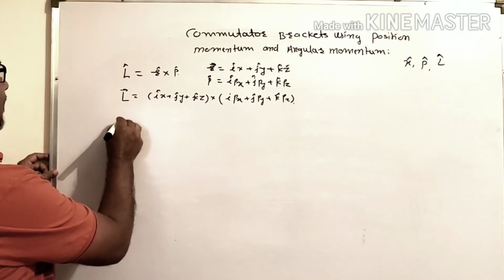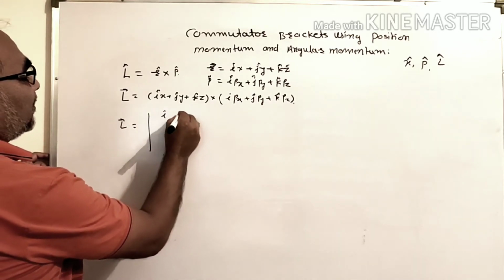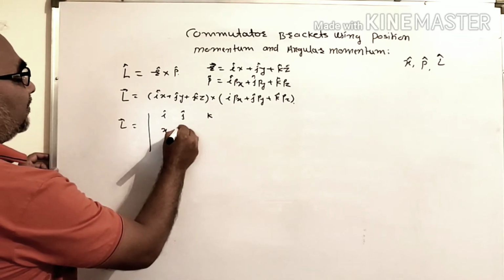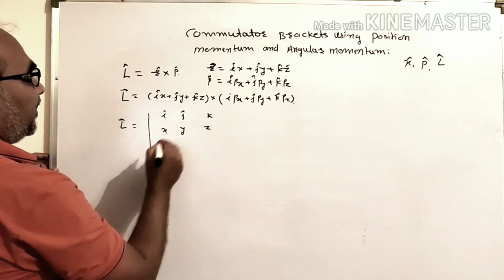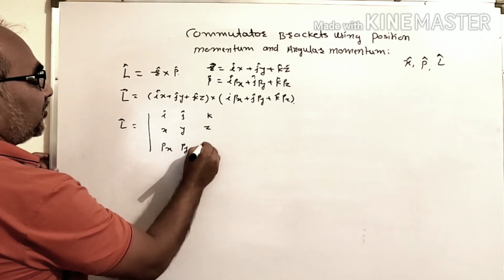So L is equal to the determinant with rows i j k, x y z, and px py pz.